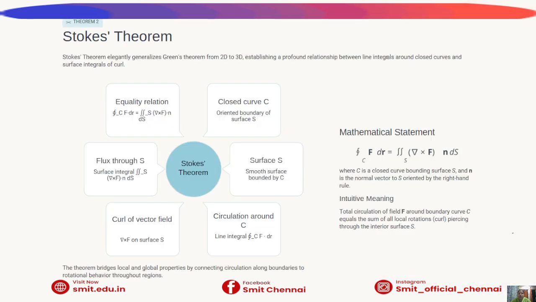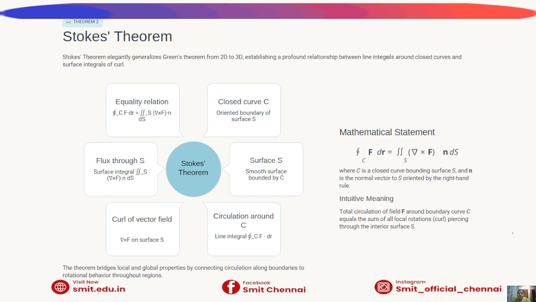Next we see about the Stokes theorem. The boundary curve C is any closed loop like a wire circle. Surface S spans it. Multiple surfaces work since the result is identical. Circulation equals curl flux.